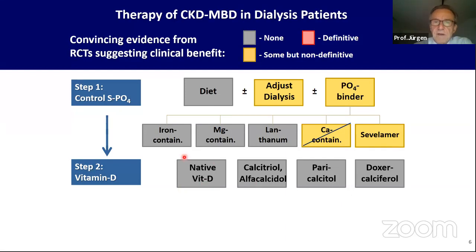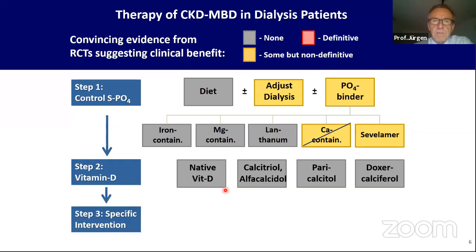Nor has there ever been a trial with native vitamin D. And this is something to keep in mind. We are all doing this, and I'm doing it. And I've been doing this for the last 30 years, and we have no evidence that we're doing something good.